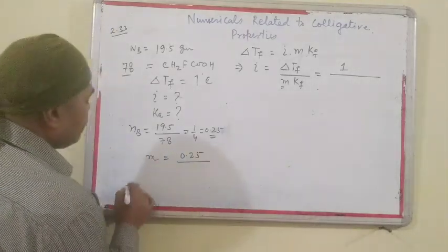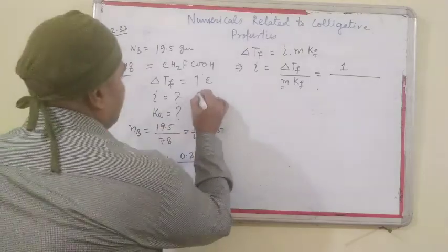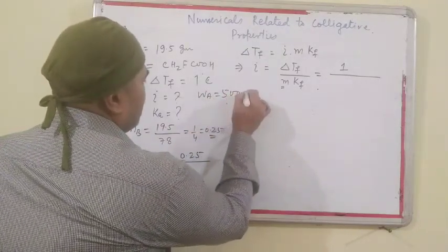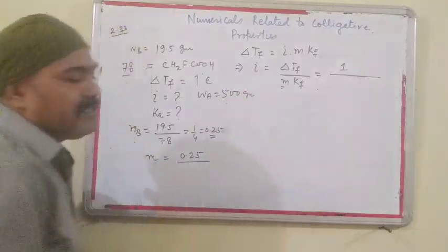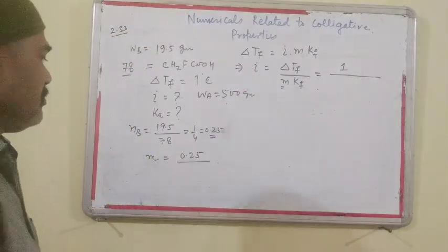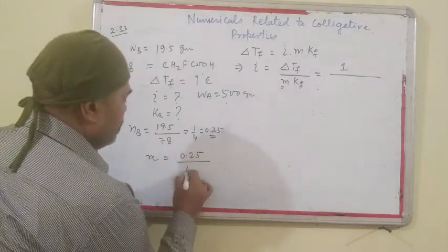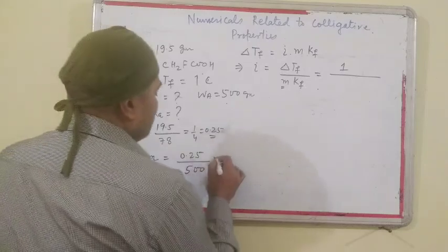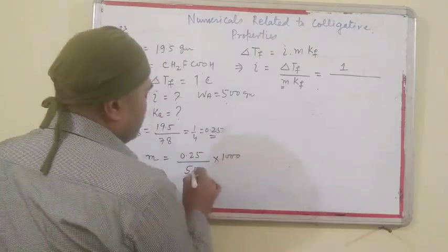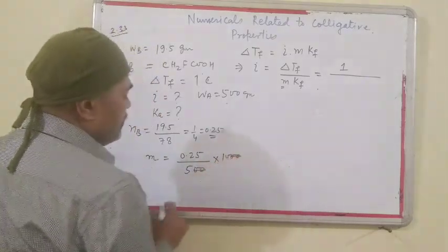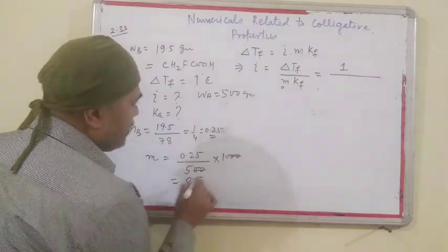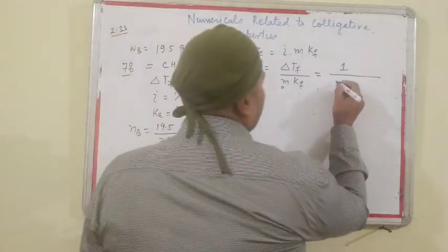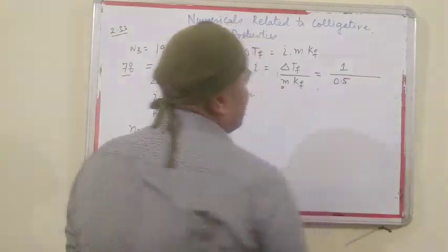WA is given, I write here WA, which is the mass of the solvent, and here the solvent is water, multiplied by 1000. On cancelling it, we get molality 0.5. So I am going to put the value of molality here, that is 0.5.